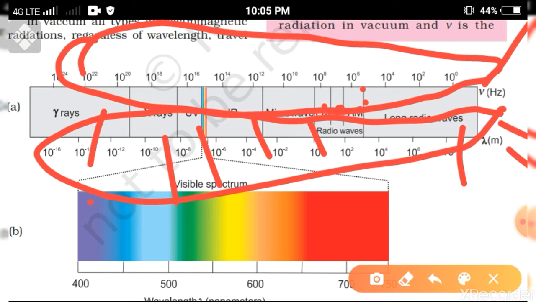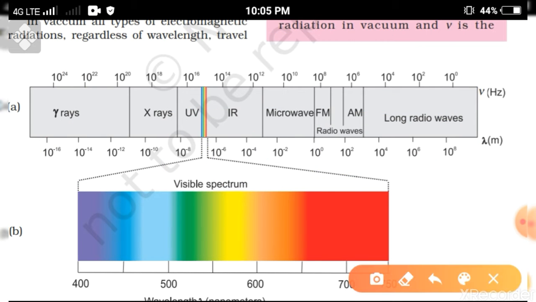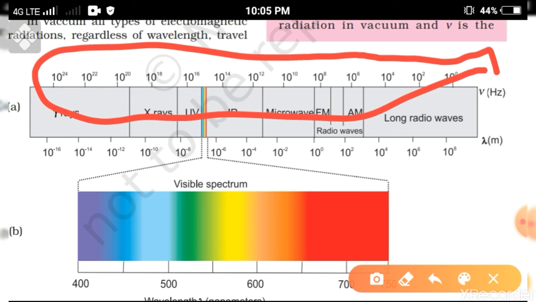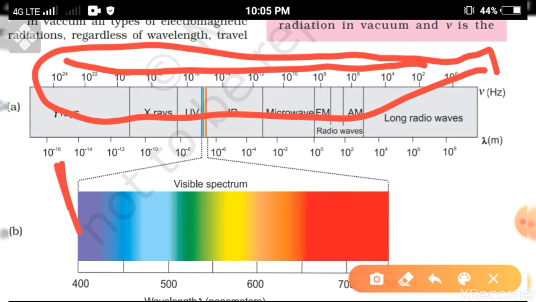When frequency increases, wavelength decreases. Both are inversely proportional.